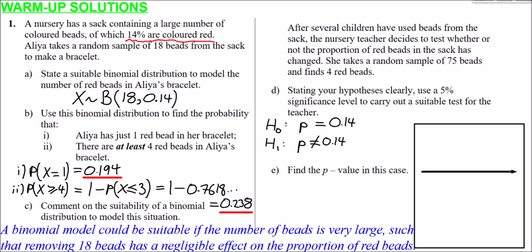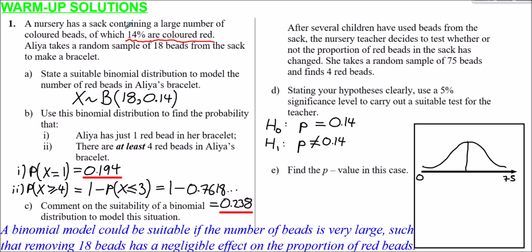And so we can imagine this as a binomial distribution now. So if I just sketch on a bell curve like so, where obviously at the top is going to be 75 beads, down at the bottom end is going to be 0. And it says here that from 75 beads, she's found only 4. What I'd always tend to do is think about what the mean would be, or the most commonly expected value.